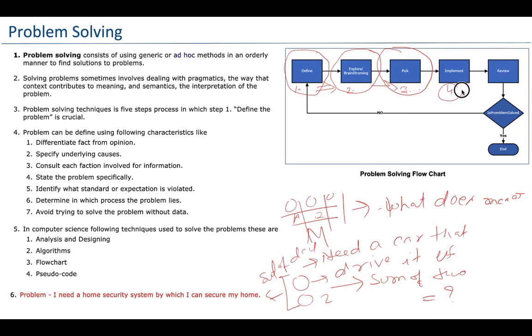That is the fourth step, the implementation. If you pick the idea of a home security system, then it's time to implement it. Once implemented, it should be reviewed whether that system is working properly or not.